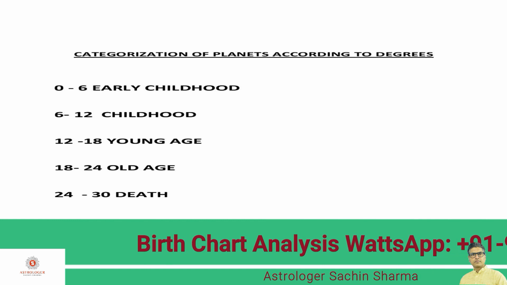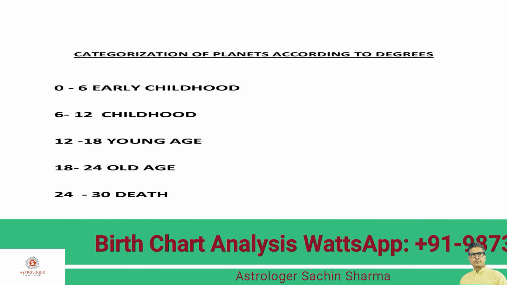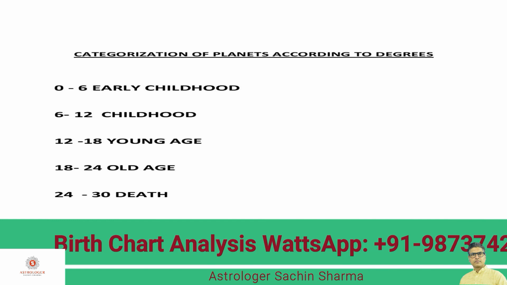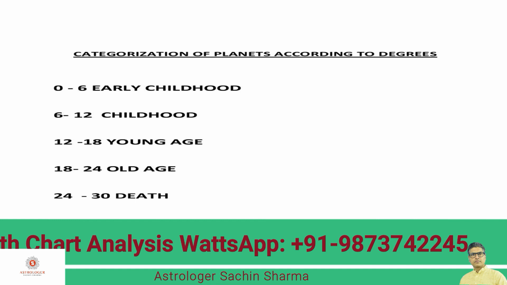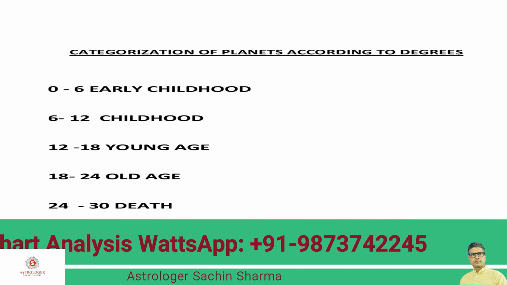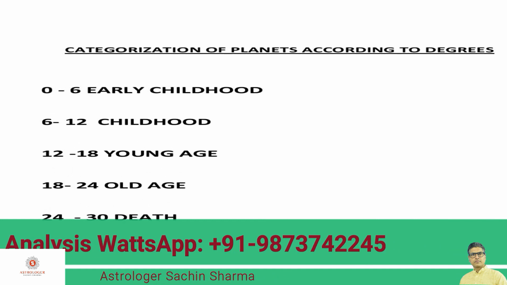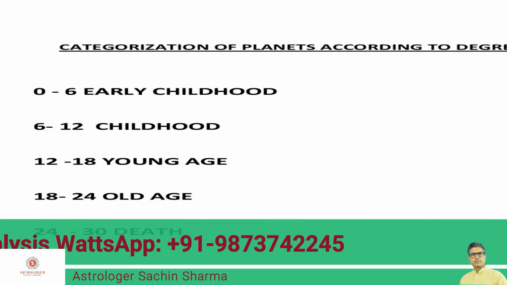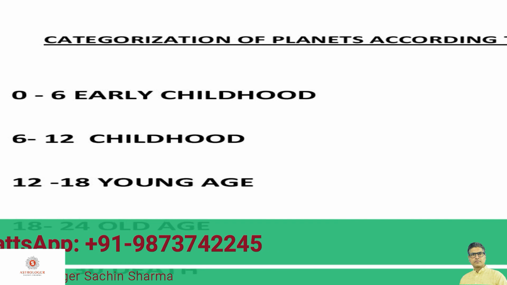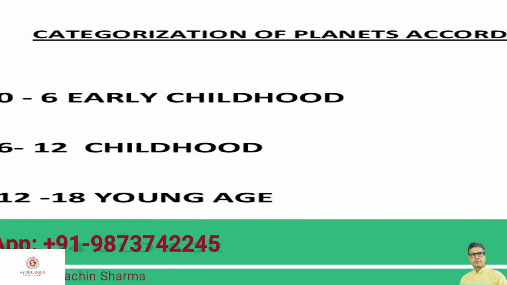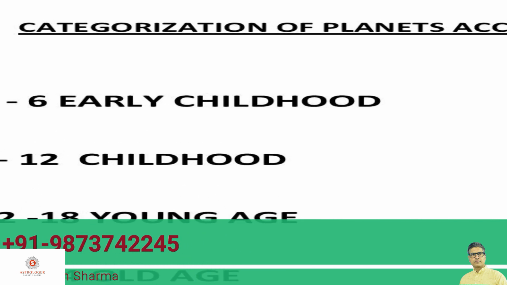So whenever you find the degree of a planet from 0 to 6 degrees, that means we can say that particular planet is in the early childhood stage. It means that the power of the planet is the same as the power of a child in early childhood. That means such a planet is weak in the birth chart.